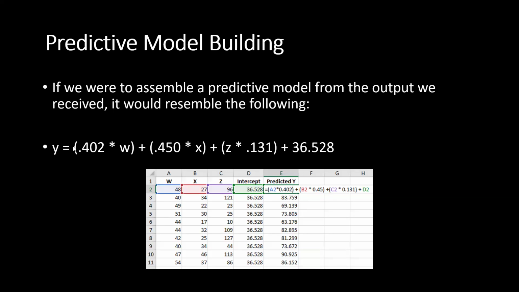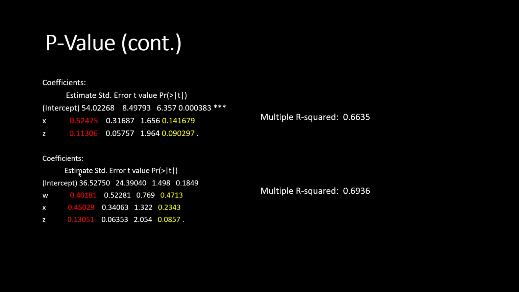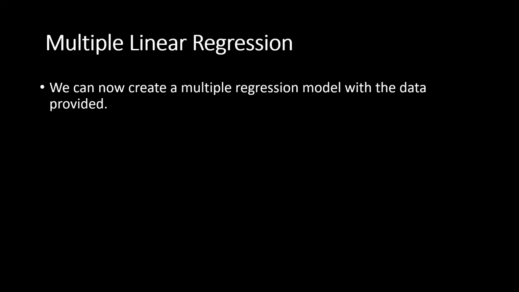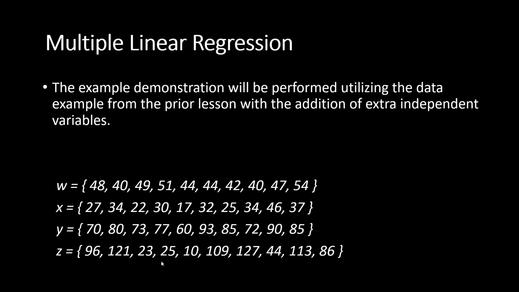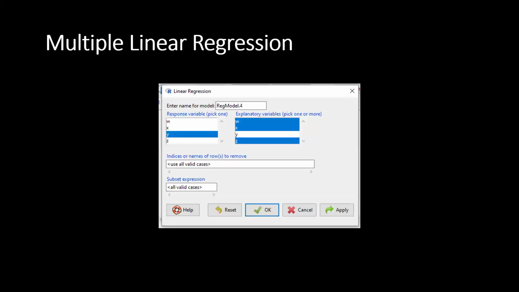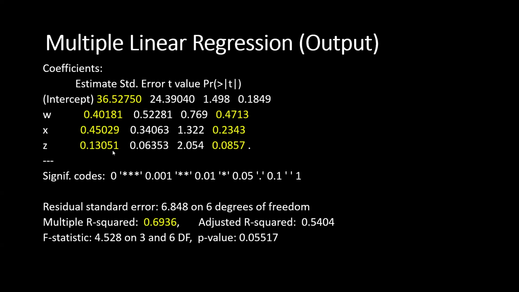And that would give us the predicted value of our dependent variable, y. And these values are just coming from our original observations. And those slope values are coming from our output along with our intercept value.